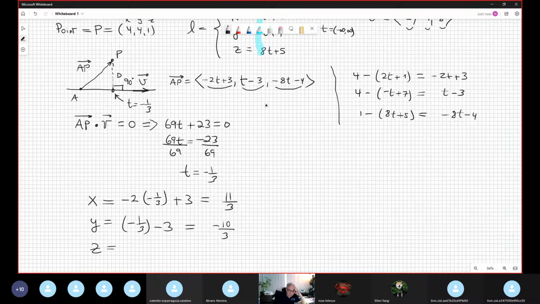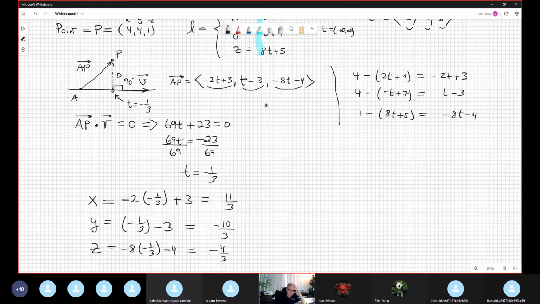And z is equal to negative 8 times negative 1/3, minus 4, and the answer is negative 4/3. This is the component of the vector AP, and this exact position gets perpendicular.